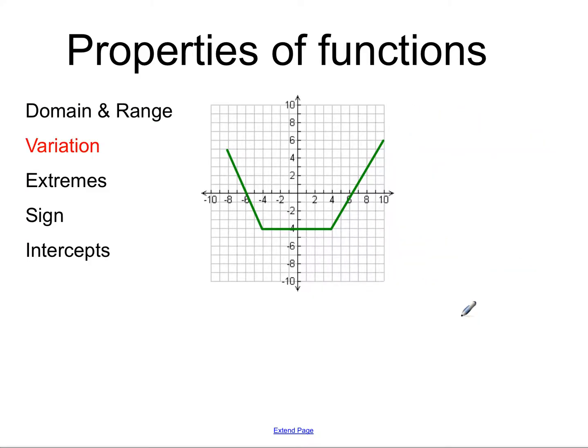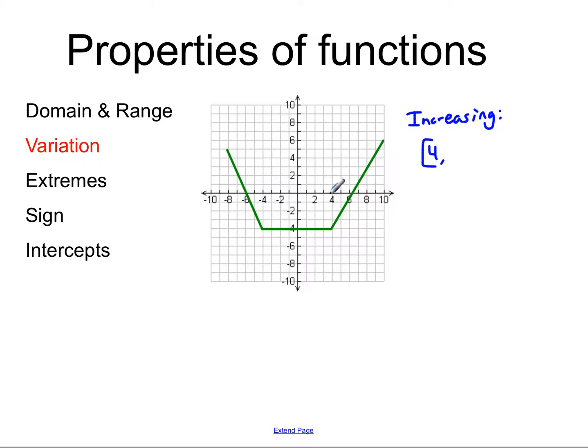The variation is talking about increasing, decreasing, and constant. So for this one, we look and see over what interval this function is increasing. Well, it is increasing over the interval, and we start here. The point where it starts is included in the set, so 4, and notice we're using the x values for this.